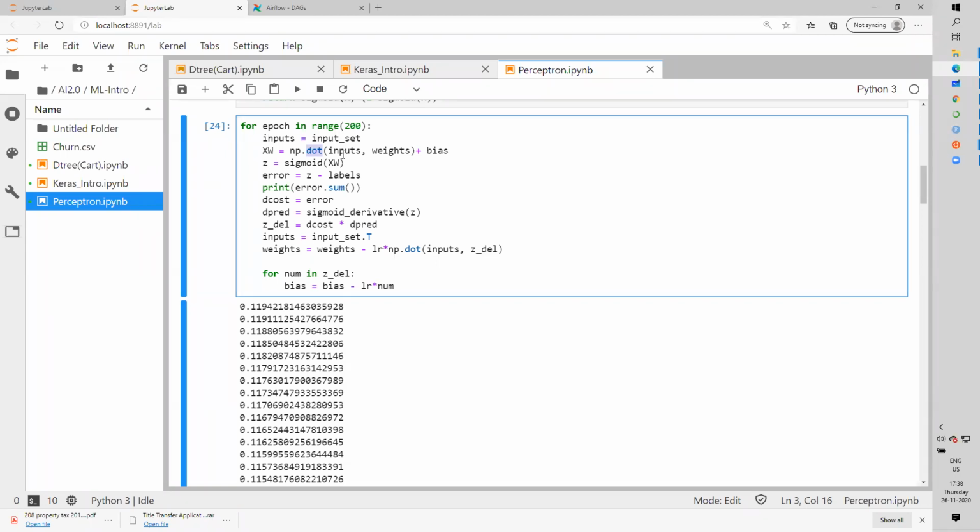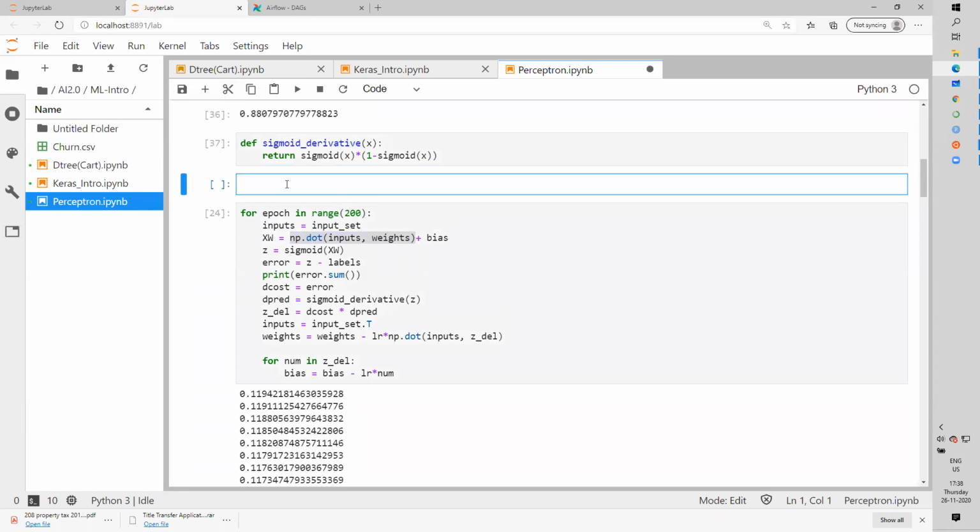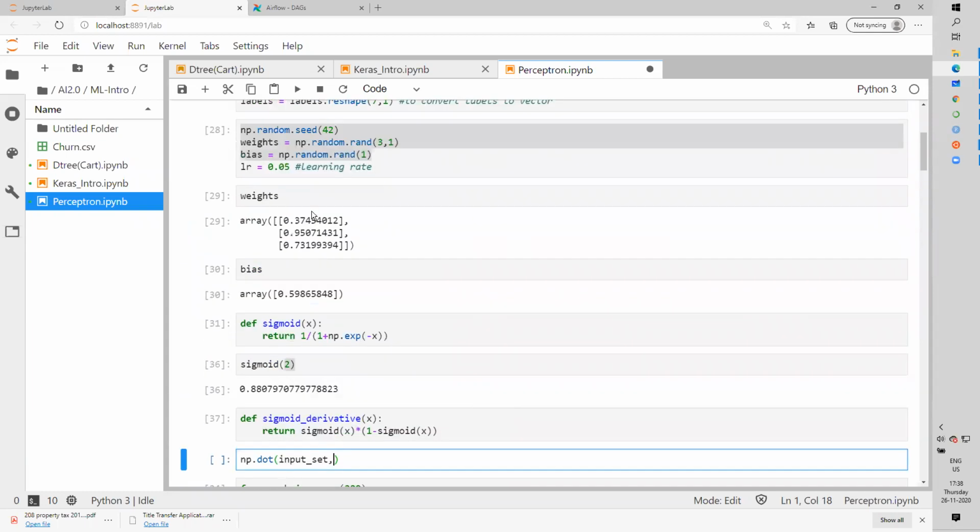So matrix multiplication between inputs and the weights. What does it return? Okay, let me show you as an example. np dot dot of input underscore set. What is our input underscore set?